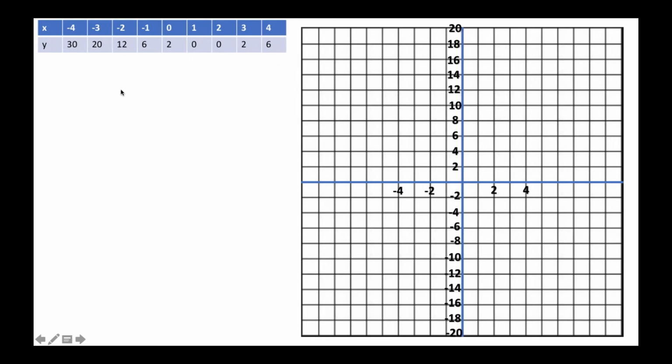So we'll start with the minus 3. So we have minus 3, 20. So here's minus 2. So this must be minus 3. And up to 20, meaning we need to plot our point there. Minus 2, 12. Minus 1, 6. 0, 2. 1, 0. 2, 0. 3, 2. 4, 6.